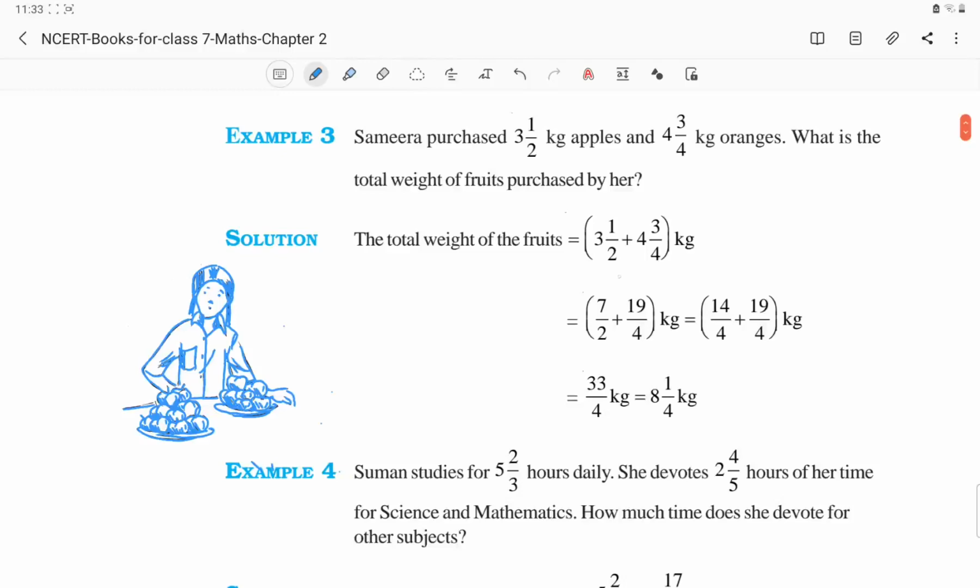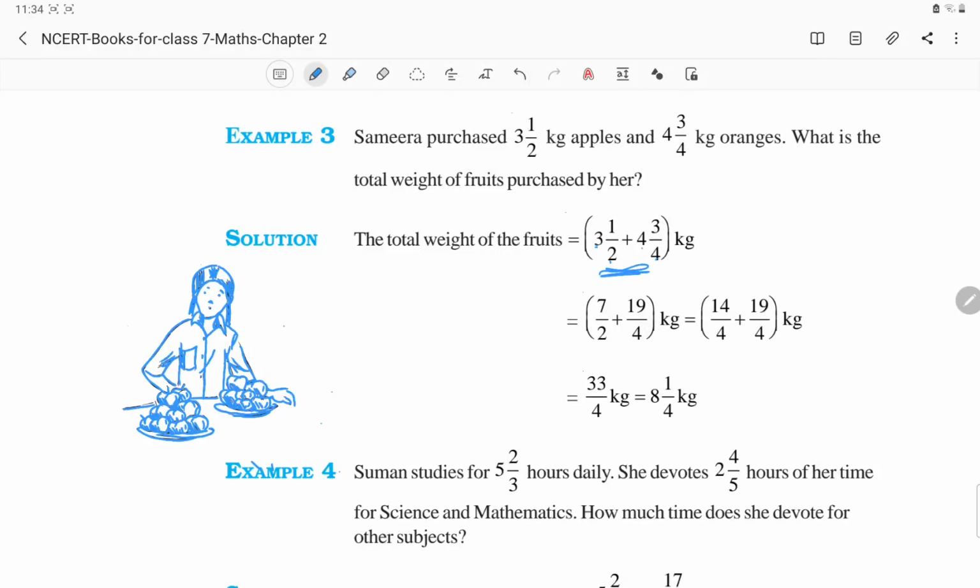So the total weight is adding them together, and we need to convert the mixed fractions into improper fractions in order to do this. So this is how we do it.